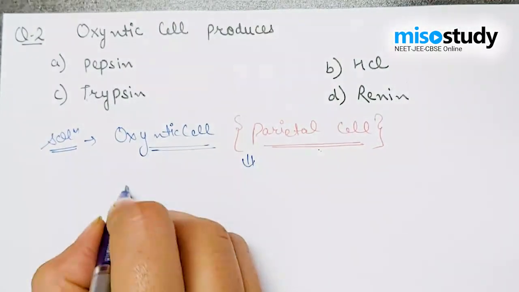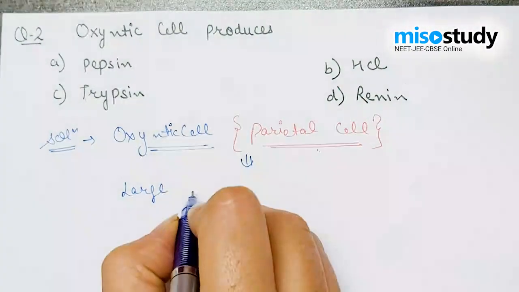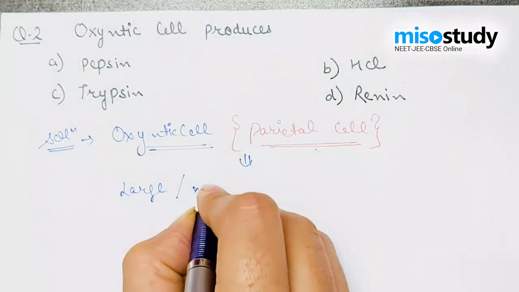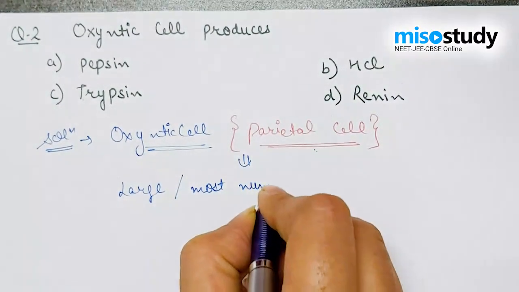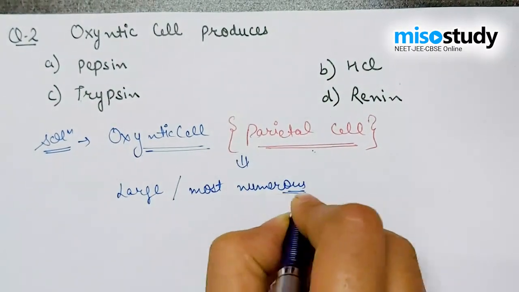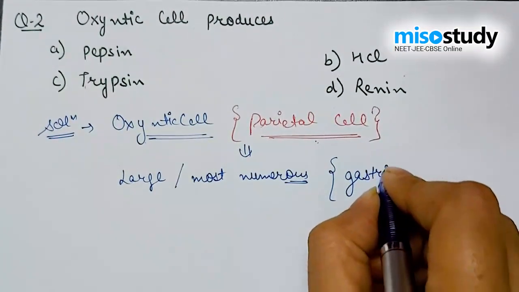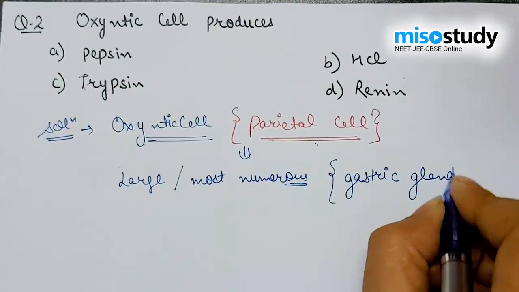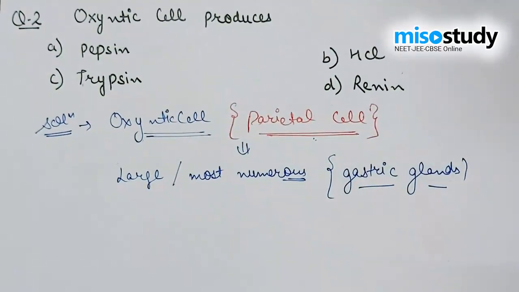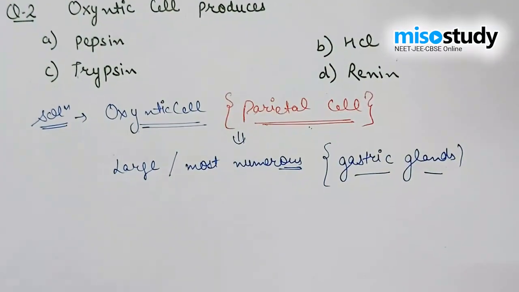These are large and most numerous cells present on the sides of the gastric glands.